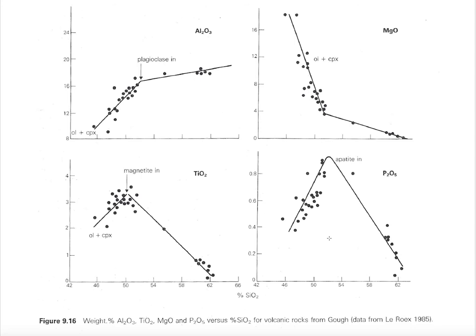The same for apatite: we are removing the phosphate, and if you look at the chemical formula of apatite, there is no silica in it. You are removing the phosphate, and therefore the residual melt becomes more enriched in silica, because silica is still in the melt. These are just a few examples of what happens through fractional crystallization.